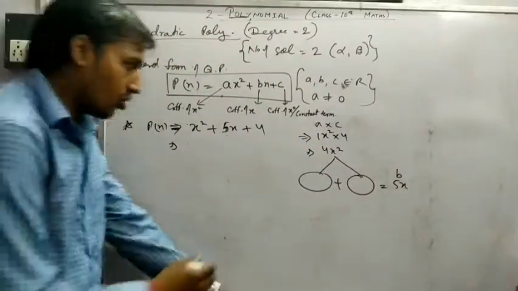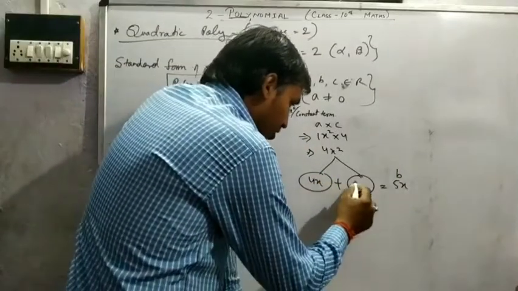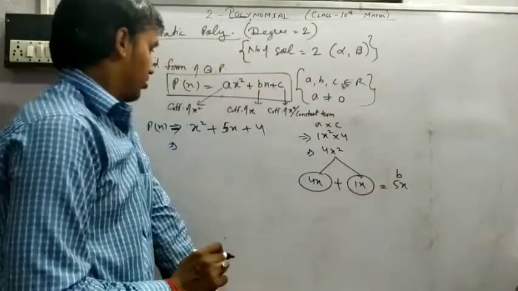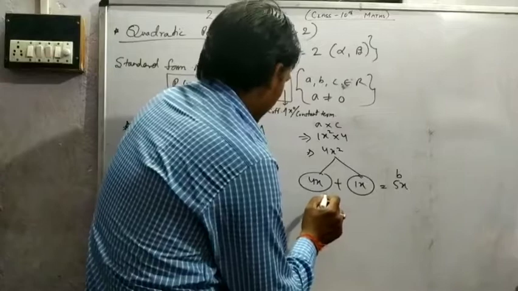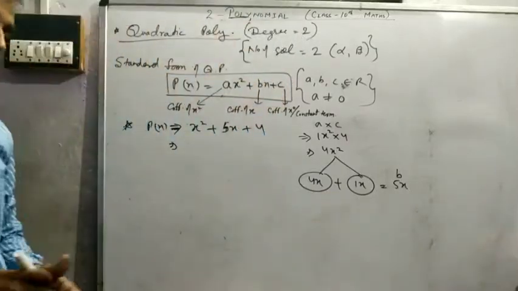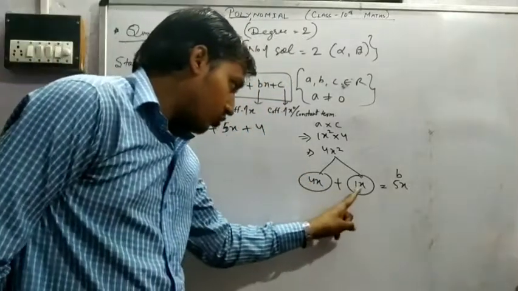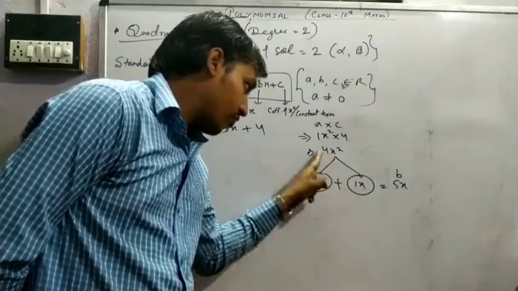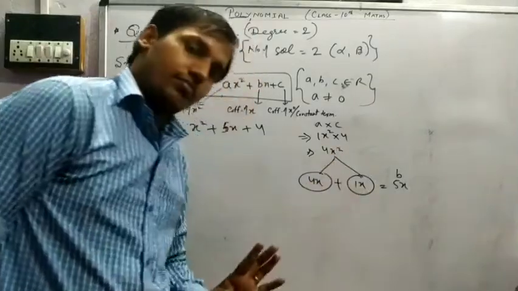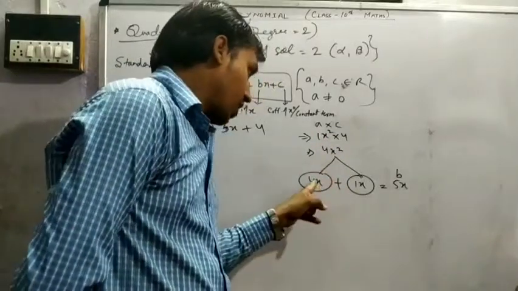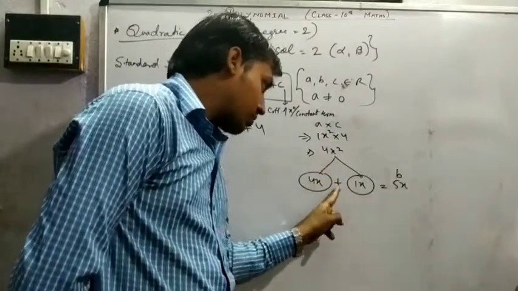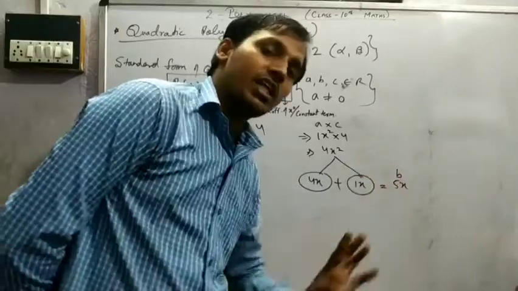So 4x into 1x, that is 4 into 1 is 4, x into x is x square. Condition verified, a into c verified. Then 4x plus 1x is equal to 5x, that is b.